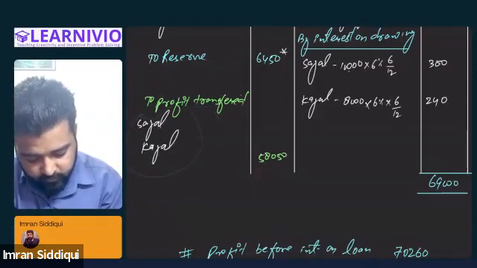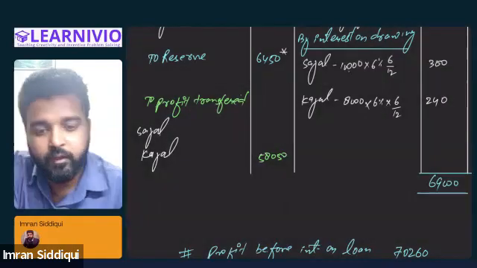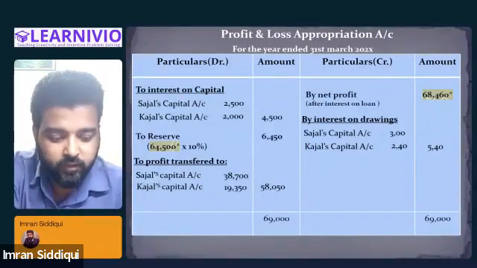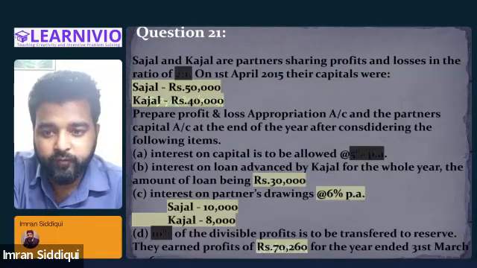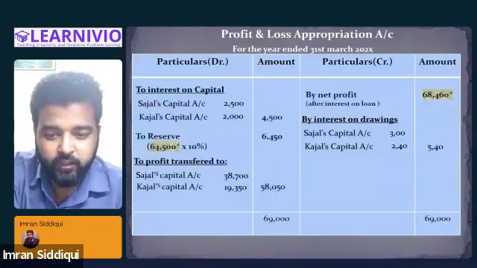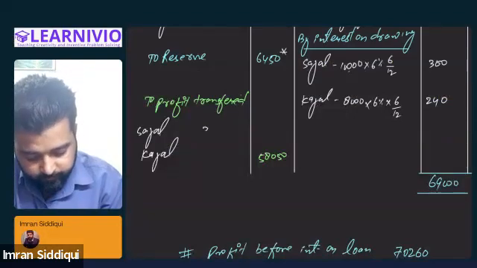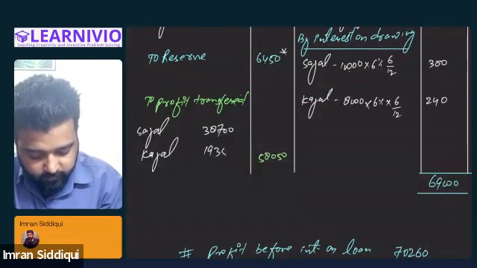This will be distributed in the profit sharing ratio, which is given in the question. If you distribute it among the partners in the profit sharing ratio of 2:1, partners will be getting 38,700 and 19,350, for Sajal and Kajal.